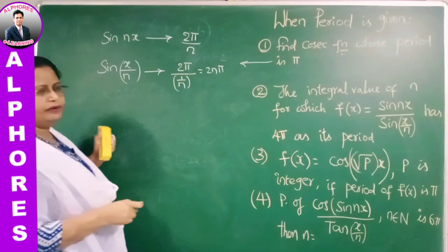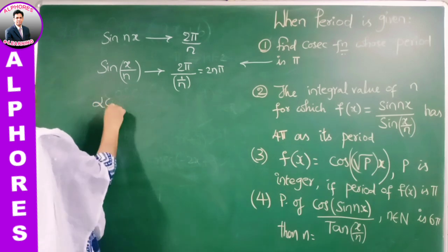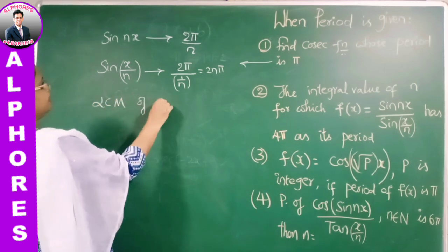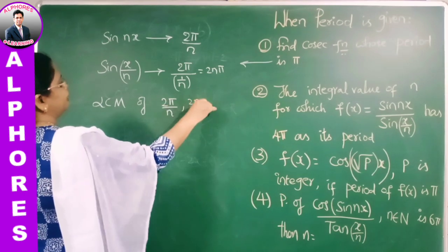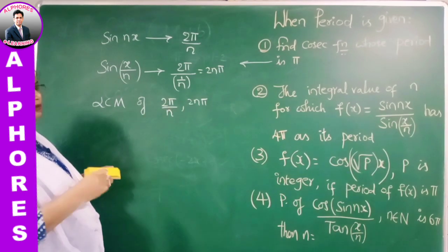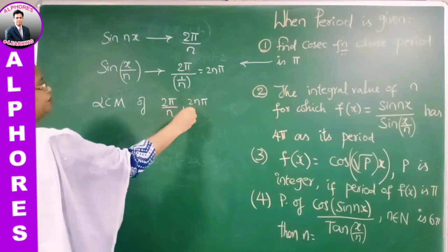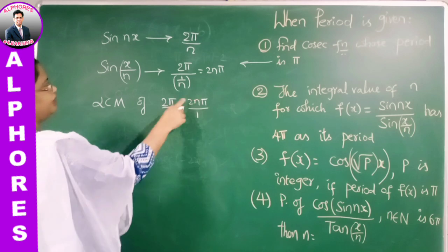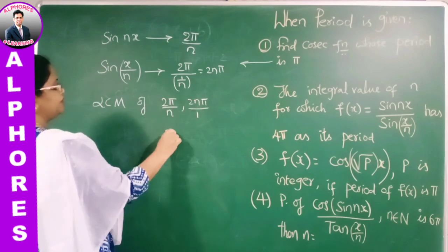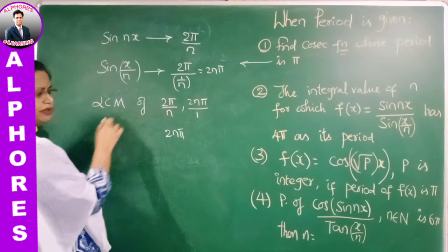Finally, what do we have to consider? The LCM of these individual periods, that is LCM of 2 pi divided by n, comma 2n pi. So this LCM we have to consider. Then what is the formula here? Numerator terms LCM. What is the numerator LCM here? It is 2n pi. Denominator terms GCD.